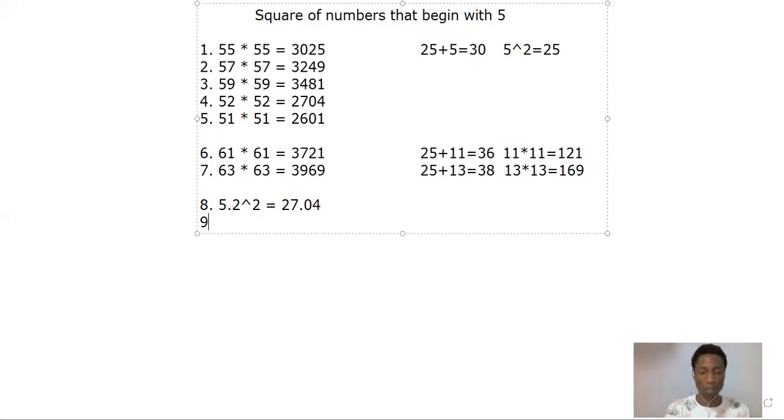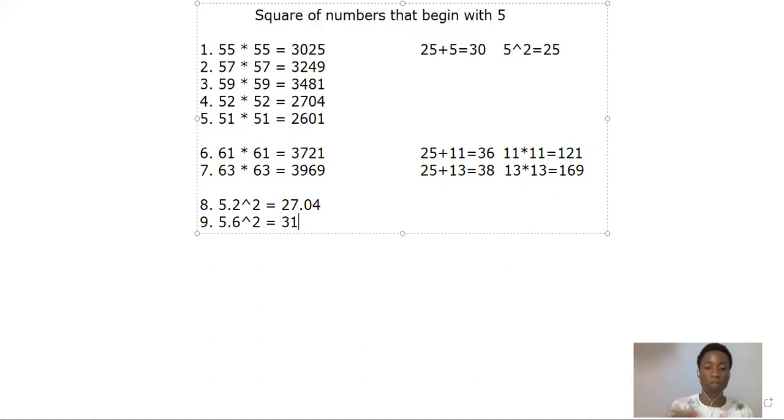So let's have another one again. So let's say 5.6 squared. So for 5.6 squared, in a way, what do we do first? We're going to do 56 squared because we're going to neglect the decimal point first. So if you want to do 56 squared, what number do we have at the back of the 5? We have 6. We add the 6 to 25, it will give us 31.